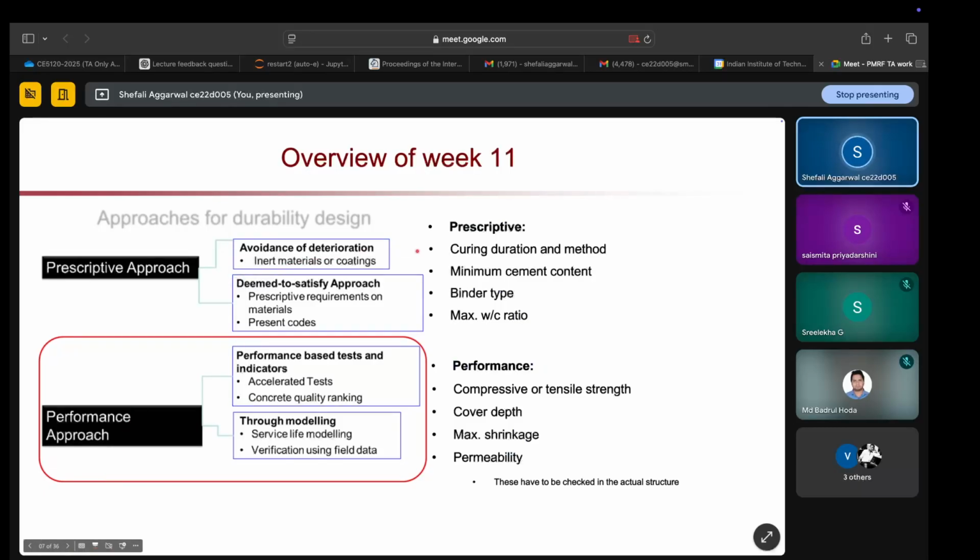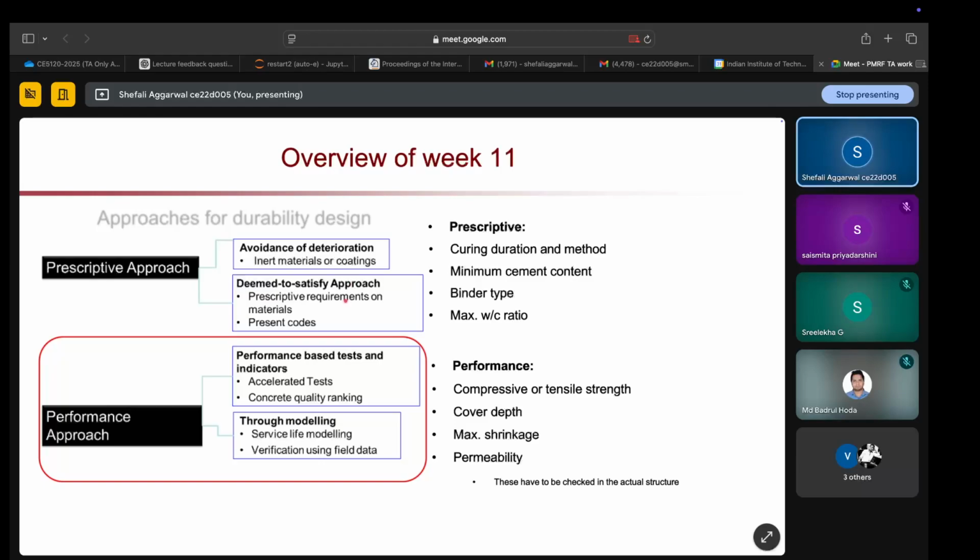So how do we approach durability design? We have two types of approaches: the prescriptive approach and the performance approach. In the prescriptive approach, the first thing is avoidance of deterioration. By using inert materials or giving a coating to your concrete system, you can avoid the interaction of your concrete system with the outer environment.